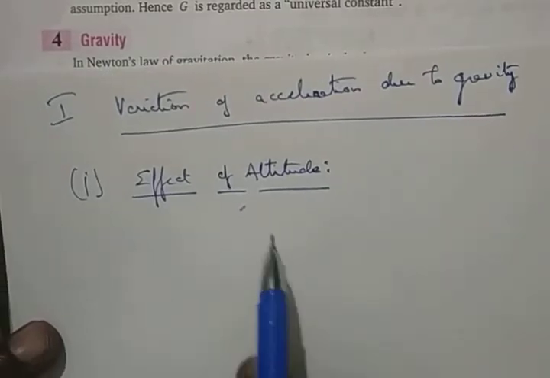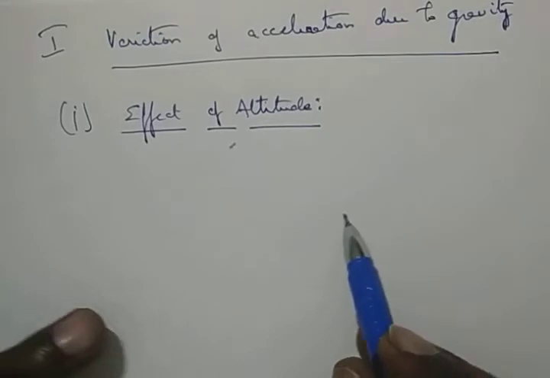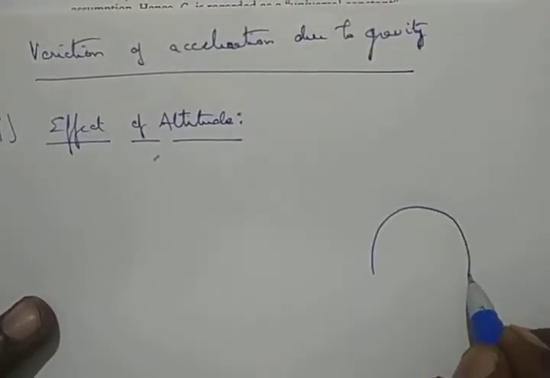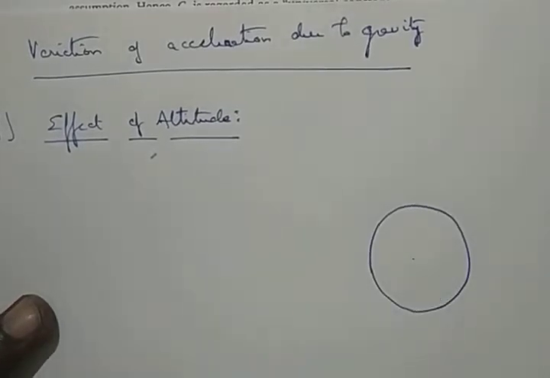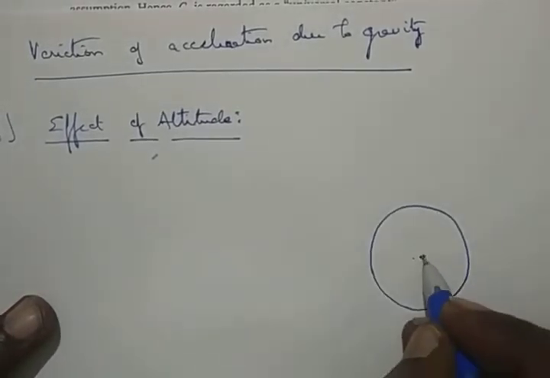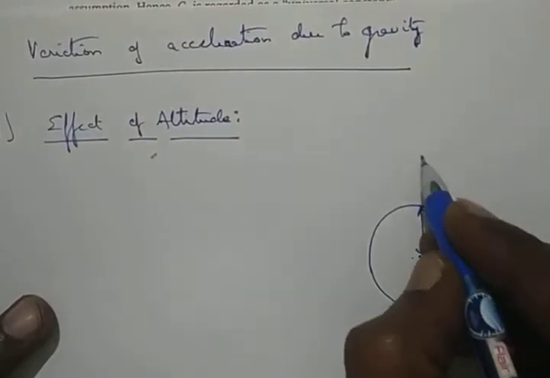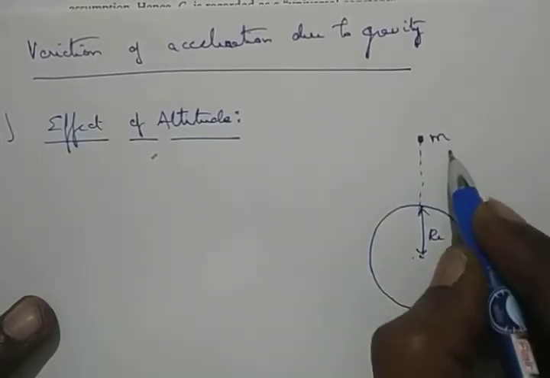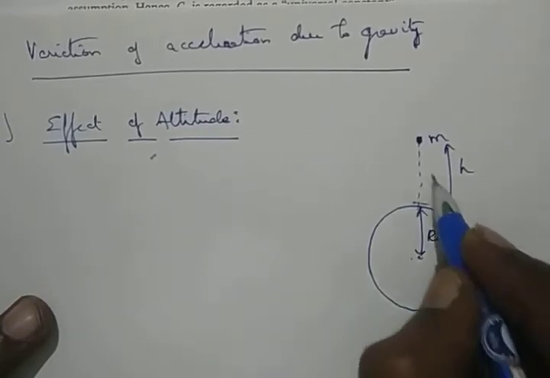Alright, so variation of acceleration due to gravity. The first part is the effect of altitude. Now draw this diagram here. We have Earth. This is the radius of the Earth, put R e, and let us consider a body of mass m at a height h from the surface of the Earth.